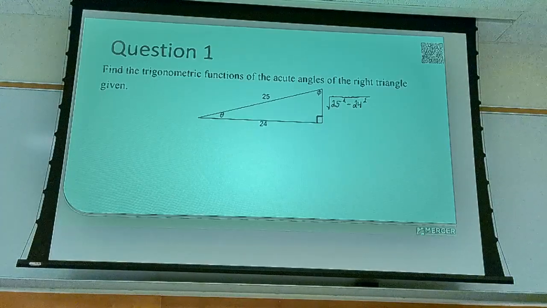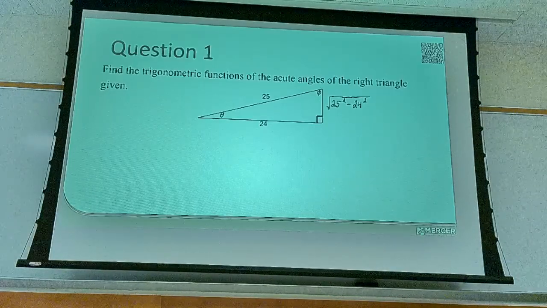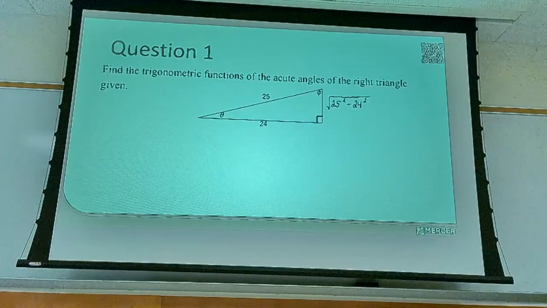25 squared is 625. 24 squared is 576. 625 minus 576.